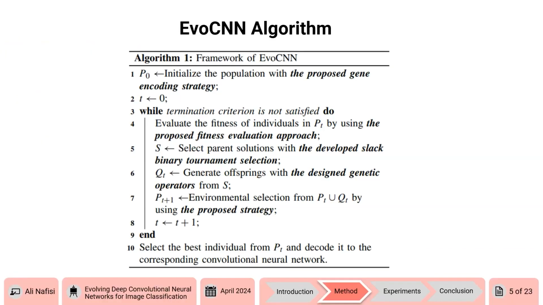After the loop ends, we have a final generation with a number of individuals equal to the population size. Each of them has its own pros and cons. Because the problem is kind of multi-objective, we have some individuals that are good in having fewer parameters. We have some individuals that are good in having good accuracy, good performance.